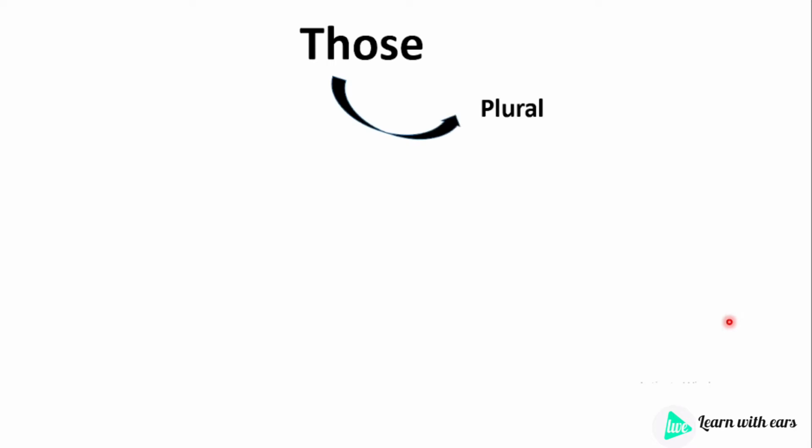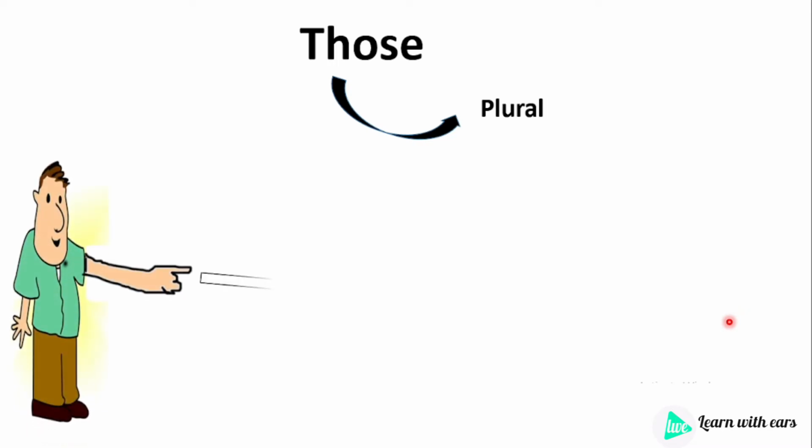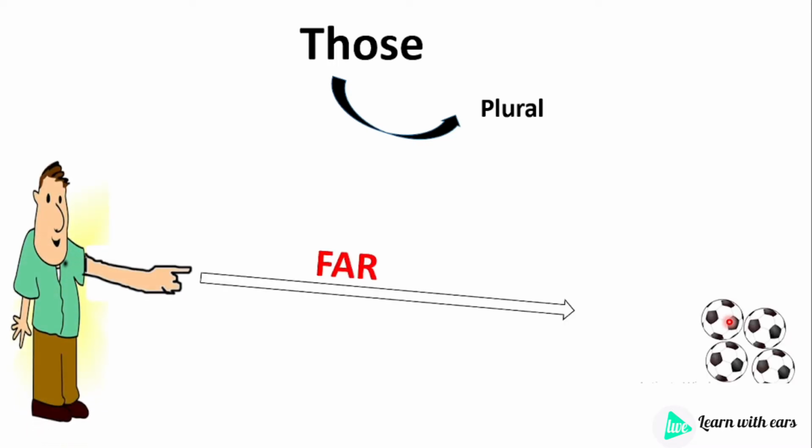We use those with plural nouns. Far. Okay, far and many. Those are my footballs. Okay, because they are many. It's not singular. It's not one football, there are many footballs. So I'll say those are my footballs.